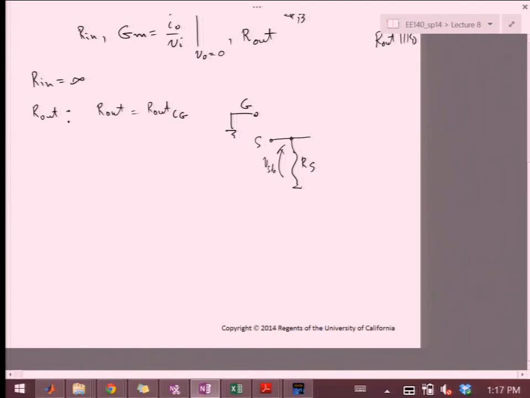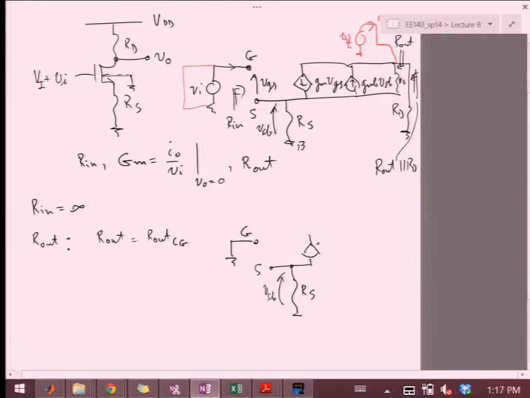And now I'll play my favorite trick here in terms of the Thevenin or Norton to Thevenin equivalent. I'll turn these two current sources that are controlled. So notice here, the current is controlled by gm VGS, this VGS over here. But when I ground this terminal, that VGS is equal to minus VSB.